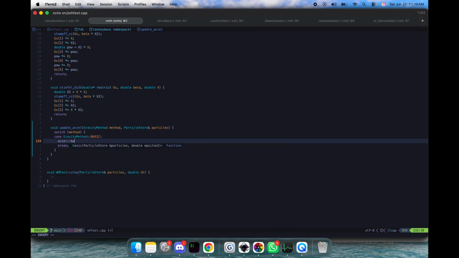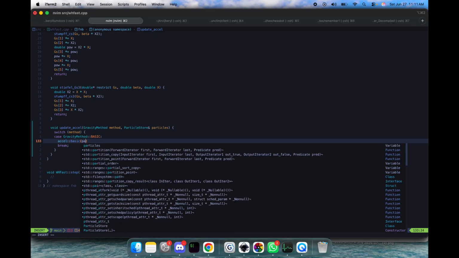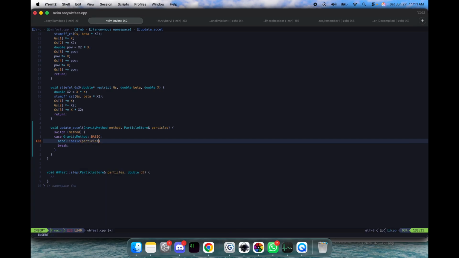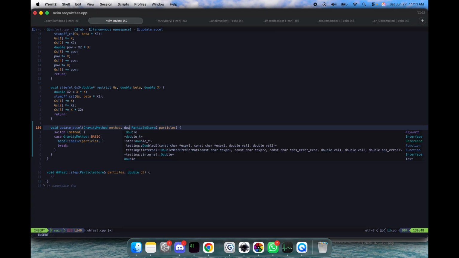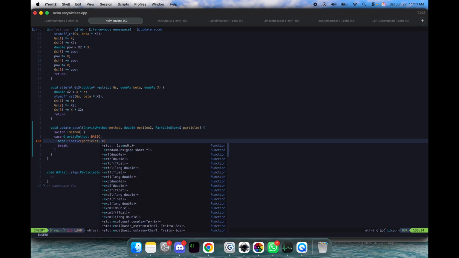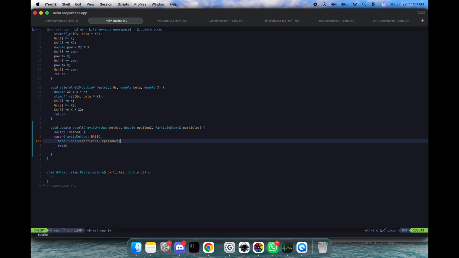Excel basic, particles, and epsilon, which should be epsilon 2.